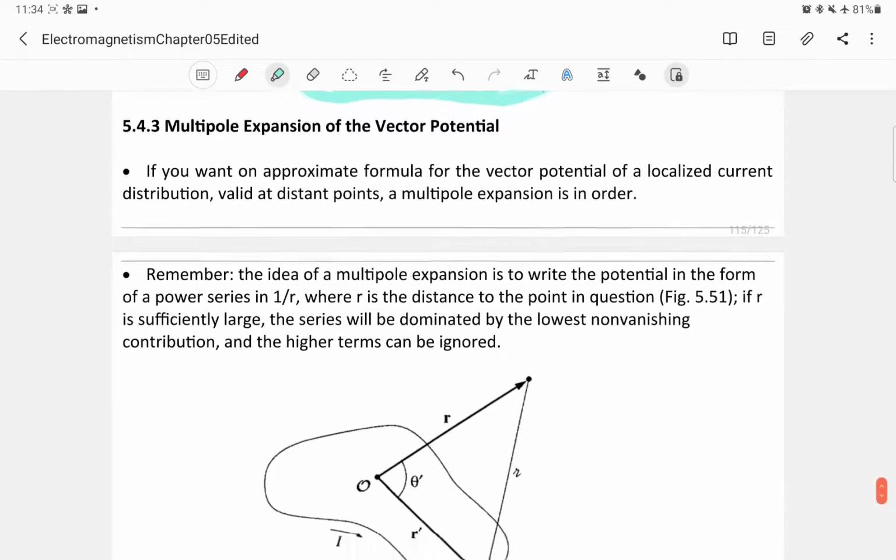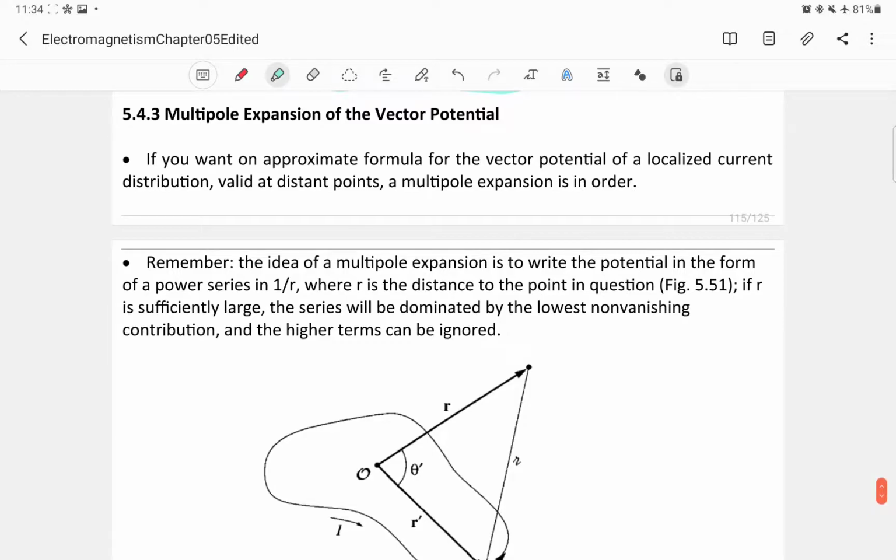So the next section is multipole expansion of the vector potential.